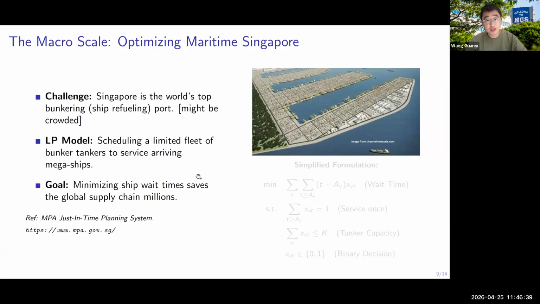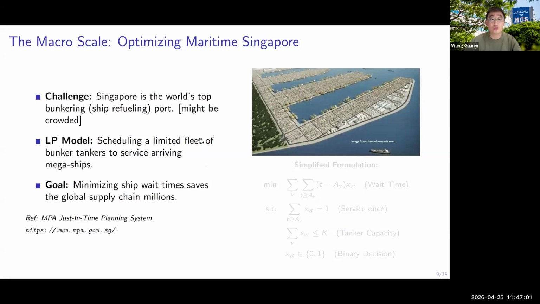And if you are the center manager of this port, you need to schedule which fleet or which ship needs to be refueled first, and which should be served after that.